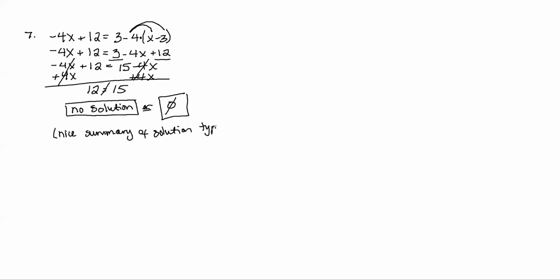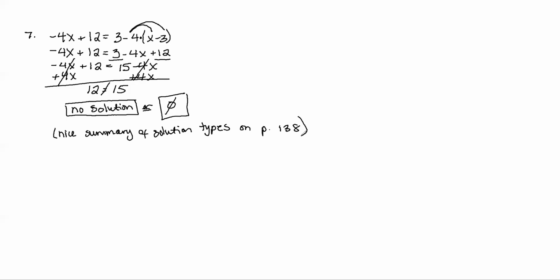So whether you have one solution, an infinite number, so that's our all real numbers, or no solution, on page 138 in the book. Remember, the book is online under the eText tab on the side.